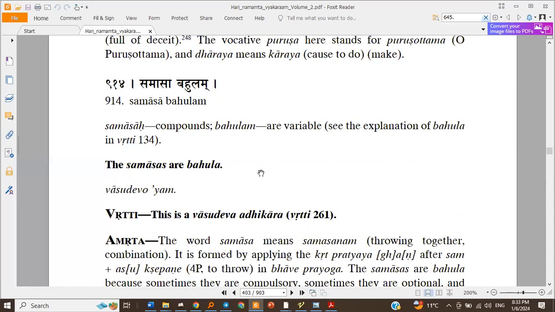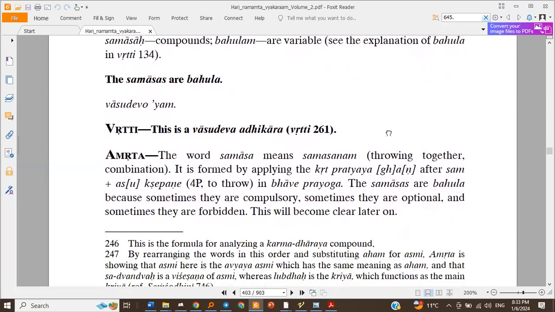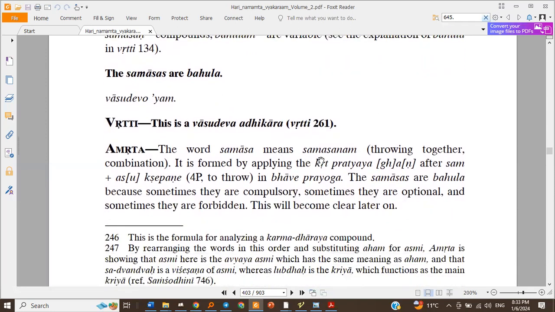Samasa bahulam. The samasas are bahula, are variable. Yes. So the word samasa means samasanam, throwing together, combination.